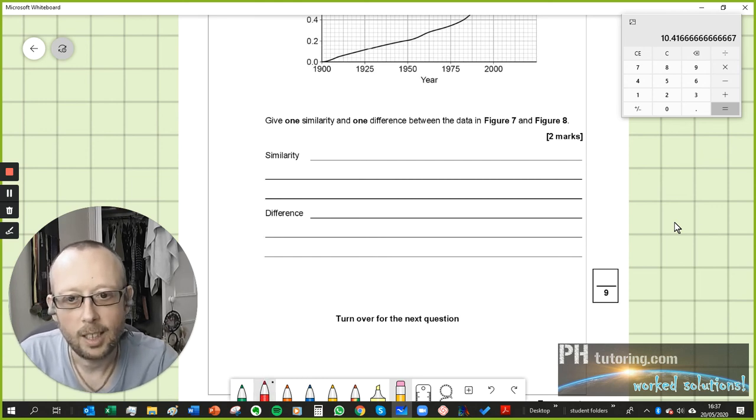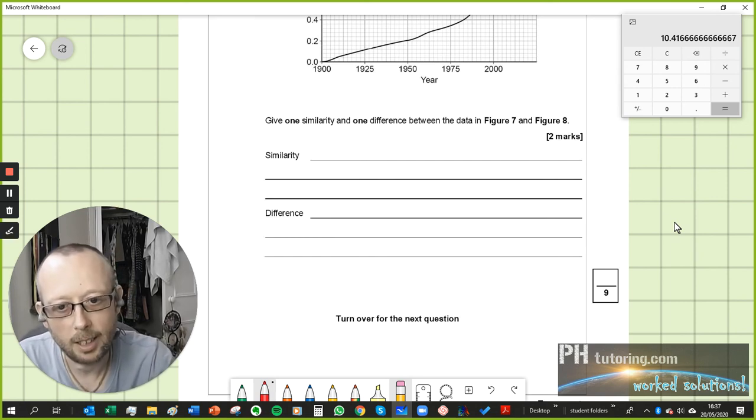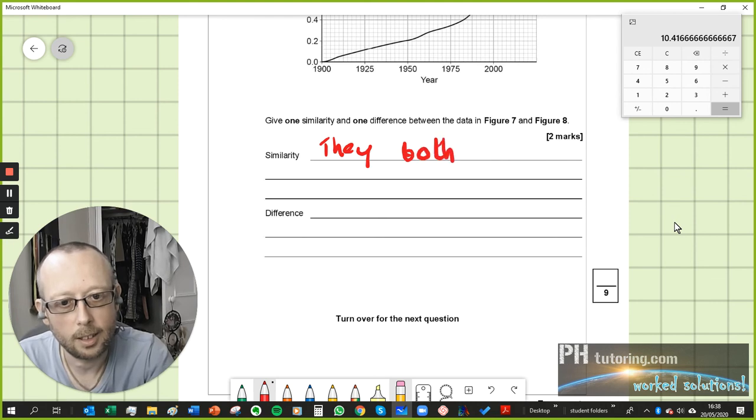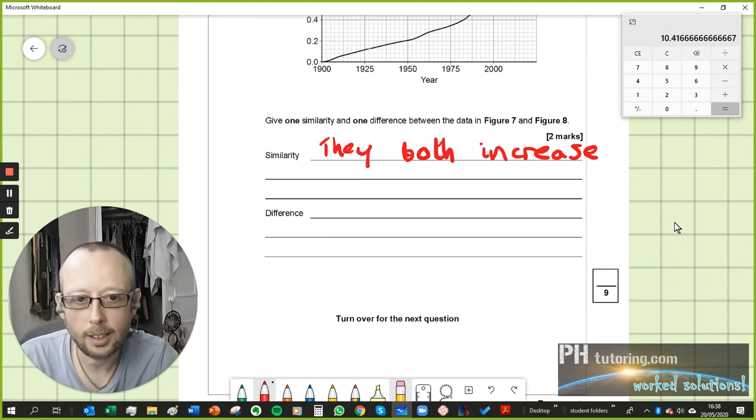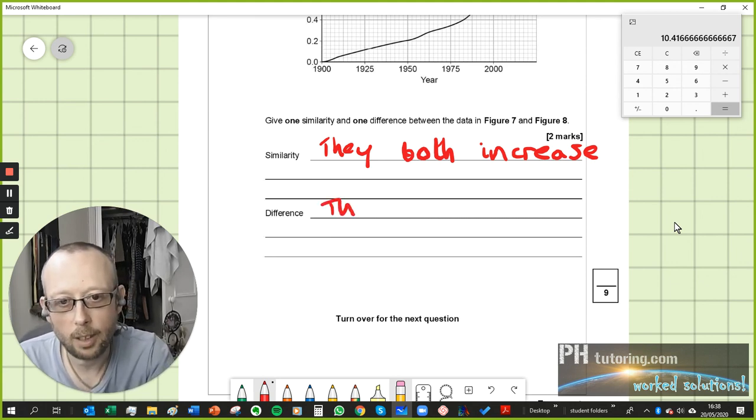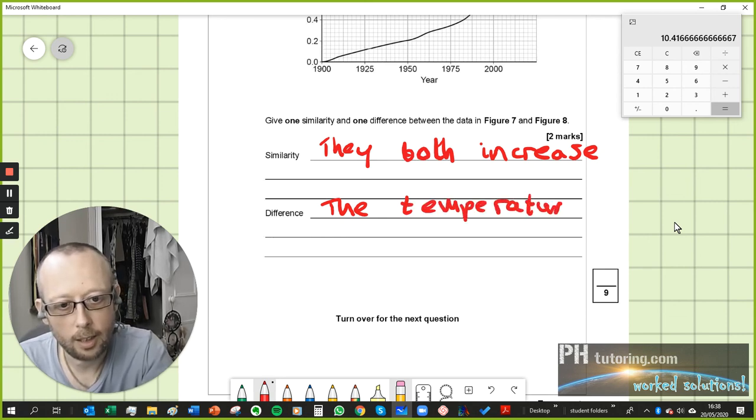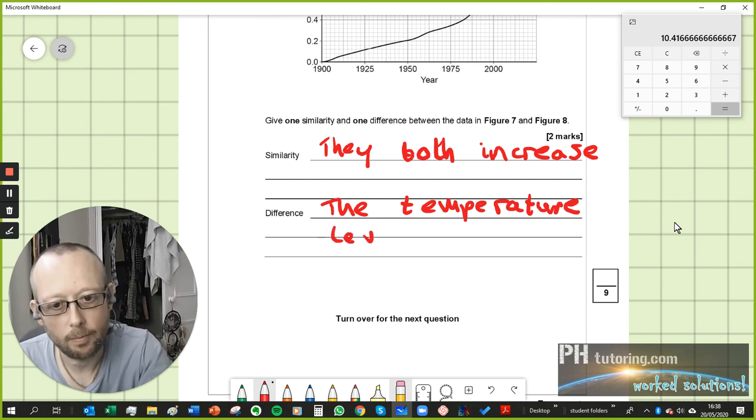But in answering the question, the similarity is they both increase. The difference is the temperature is leveling off. Temperature levels off.